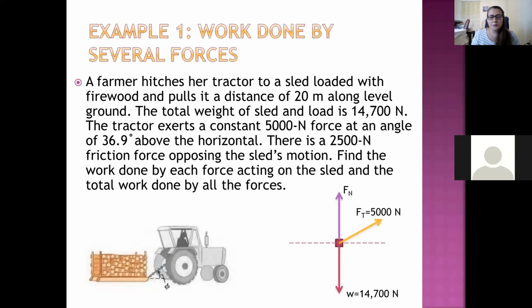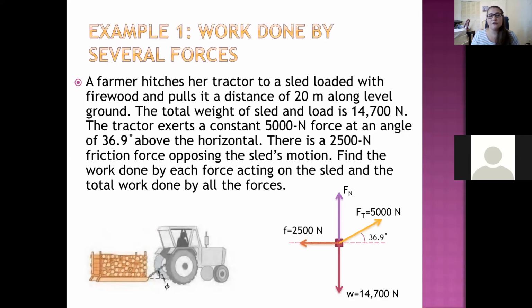We also have this force of tension. I called it a tension because there's a chain here holding them together. If we called it an applied force, that's fine too. But we do know that this is 5,000 newtons, it's given to us right there, and we know the angle is that 36.9 degree angle.